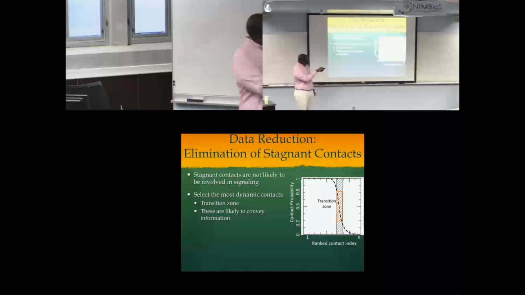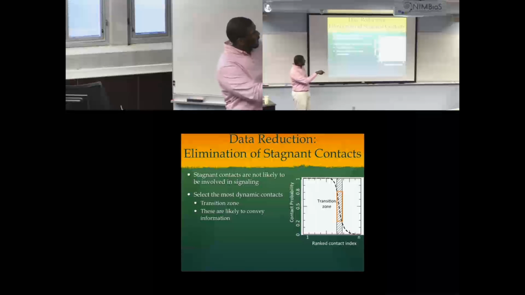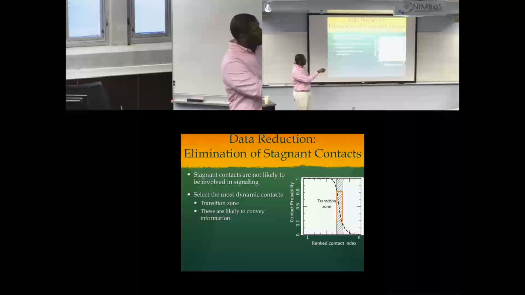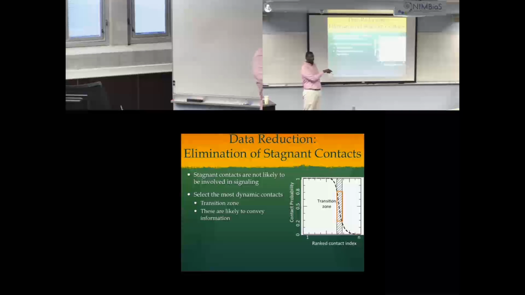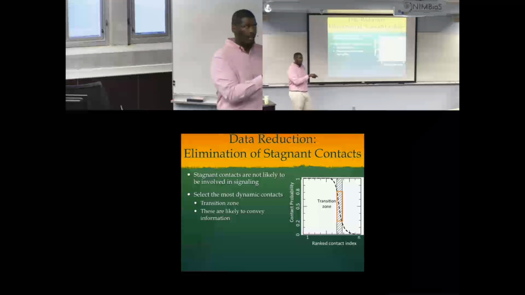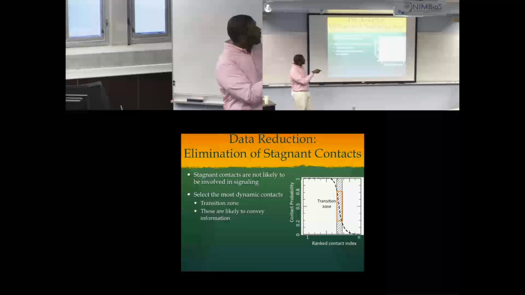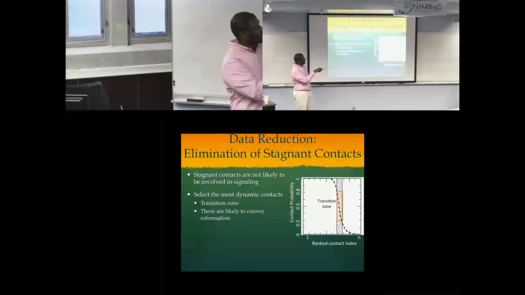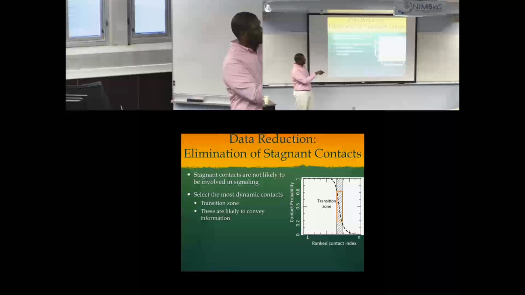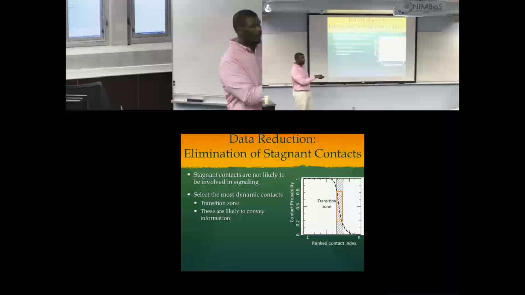What you're looking at here is what we call a rank contact curve, which is the contact probability that two residues come into contact on the Y, and just an index of all the possible residue contacts. So 1 and 1 is 1, 1 and 2 is 2, and so on. We've ranked them so that all of the ones that contact 100% of the time are at the left, and then it slopes down, and down here is 0.